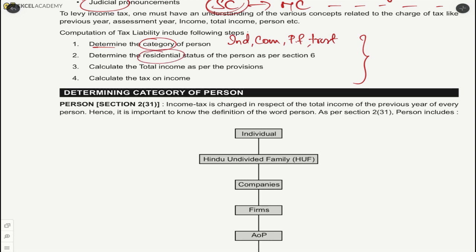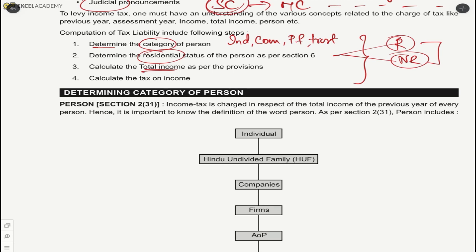So what is the residential status? Nothing but whether the person is resident or non-resident. So we will see in detail in a while as to what do you mean by resident and non-resident. So that is the second step, because the next step, that is the computation of total income, depends on the residential status. So certain incomes are considered as income based on the residential status.